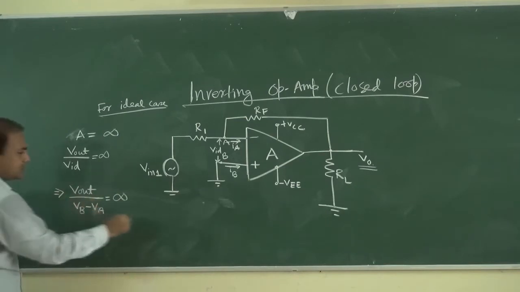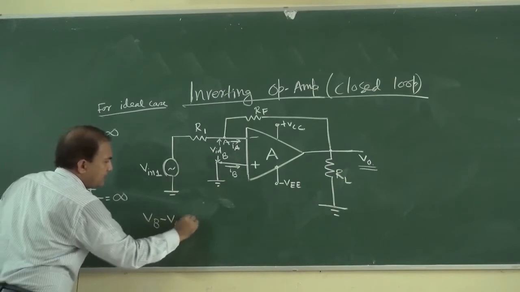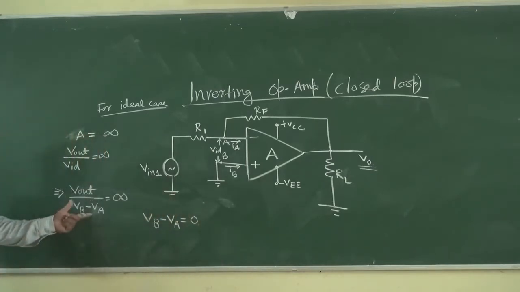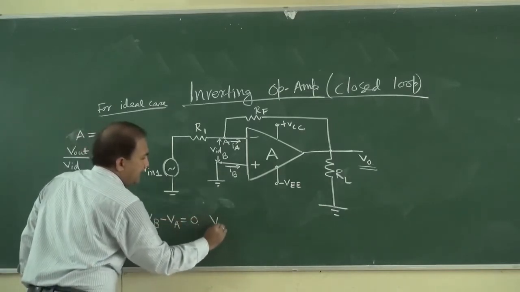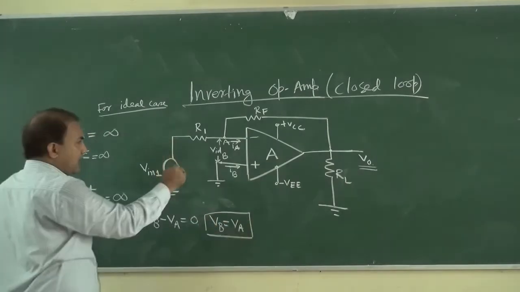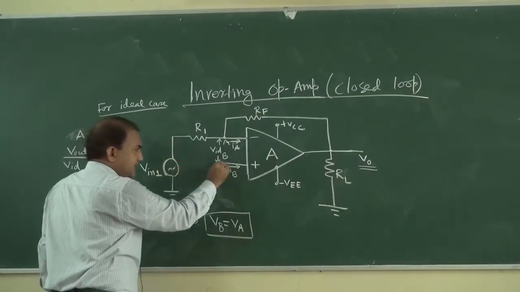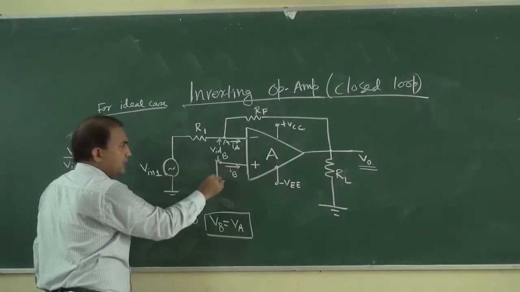So VB minus VA will always be equal to 0. If this term is 0, then the gain will be infinite. So VB is equal to VA. Now here VB is at ground potential, VB is connected to ground.